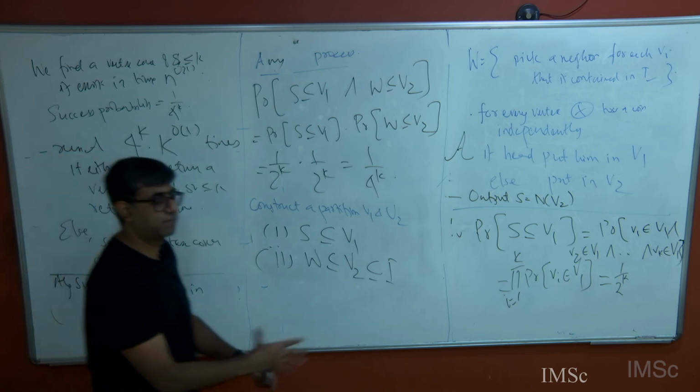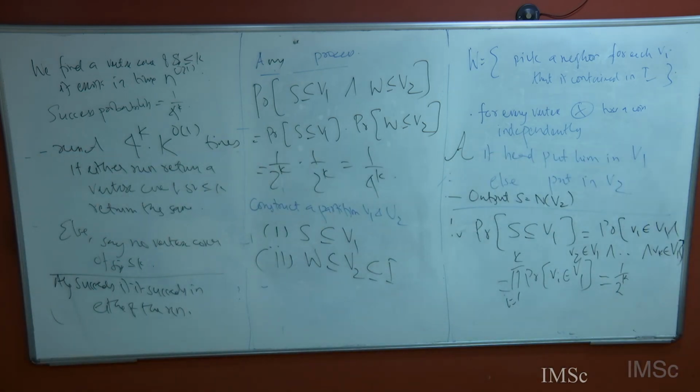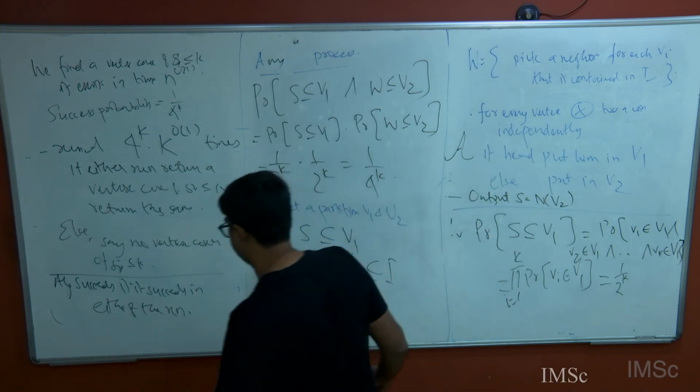Whenever you succeeded in finding a k size vertex cover, I said take it, because that is all that you asked me, and I'm very happy. And this algorithm definitely runs in time 4 to the power k times polynomial, because each run is poly time and I have repeated it 4 to the power k times. So the running time is perfectly fine. Now this looks like f of k times poly in n, right? But what is the success probability? Have we boosted the success probability of this algorithm? Let's see.